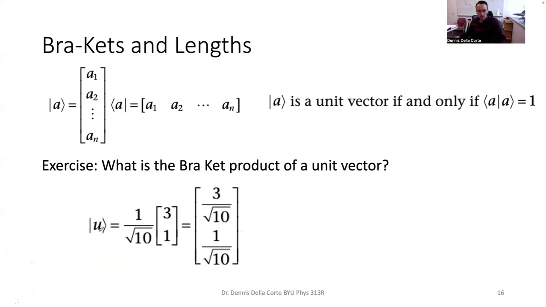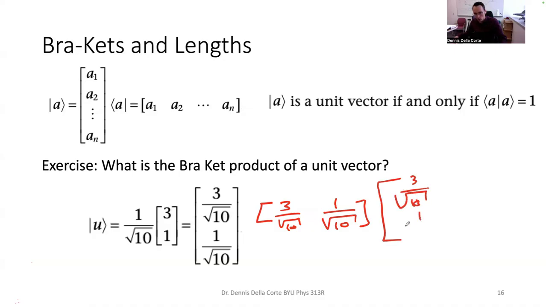So we're first going to turn this ket into a bra by transposing. So we turn it into 3 over square root of 10 and 1 over square root of 10. And then we multiply it by its ket, 3 over square root of 10, 1 over square root of 10. And now we remember these are the weights that each of these numbers will have in order to calculate the final bracket product, the final dot product, the final number.